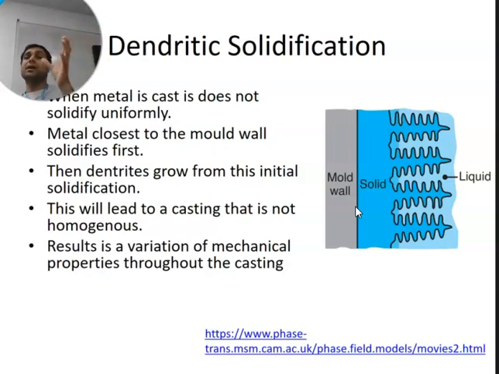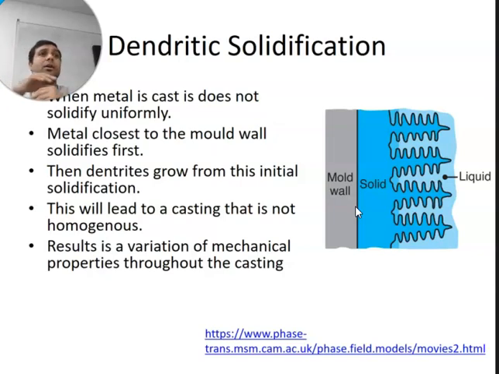So if you have a cast object and you measure the property at the ends and at the center, you will have different properties in terms of strength, hardness, and ductility as well. We do not want differentiated properties.